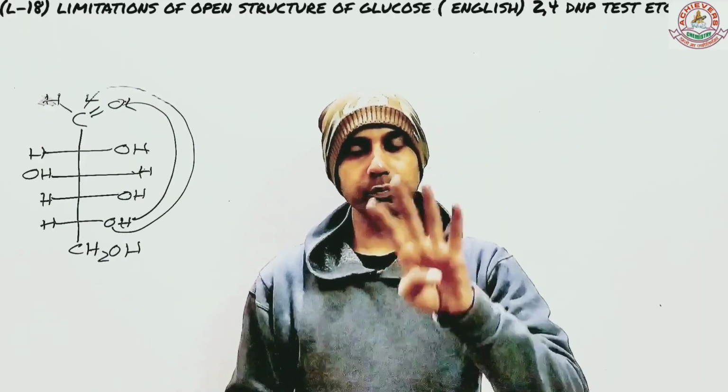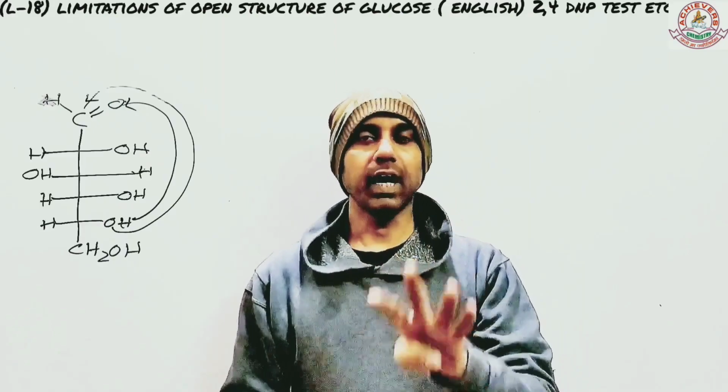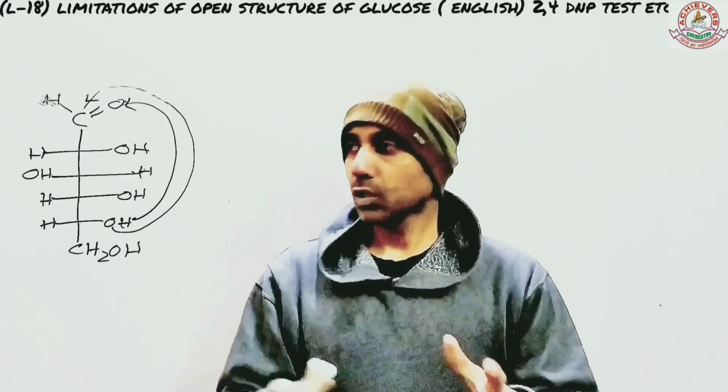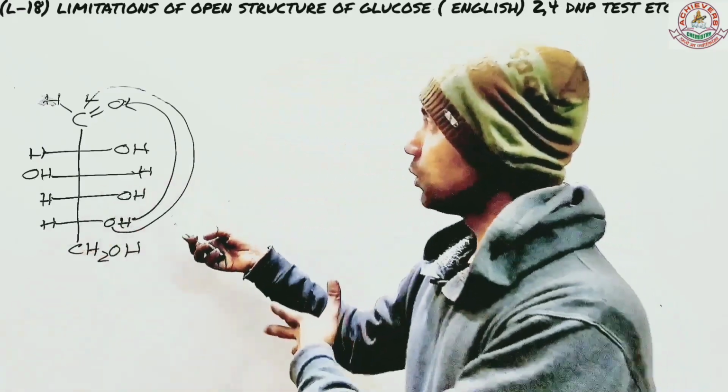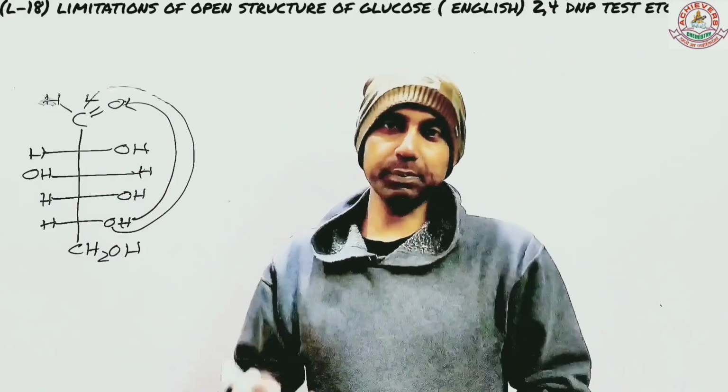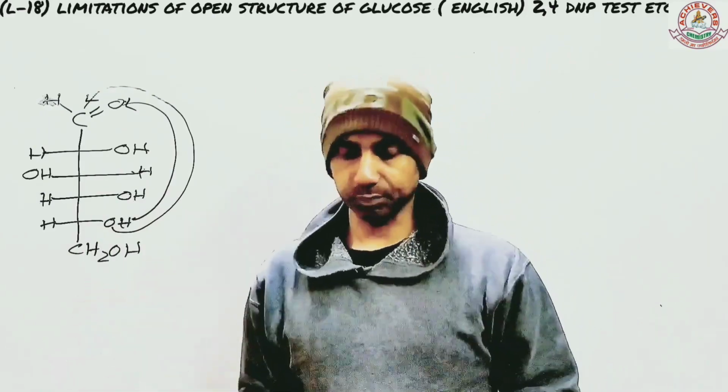So I will talk about 4 of the failures, right? And what these are, let's take them one by one. So I have already drawn the glucose structure, which you've been doing for almost 5-6 days. So you remember everything about it.